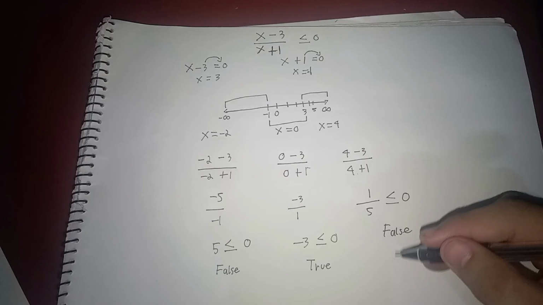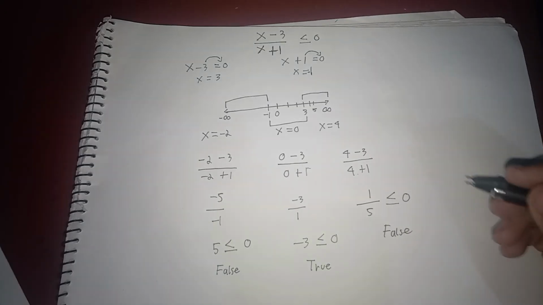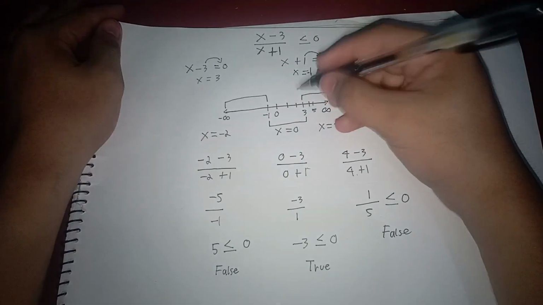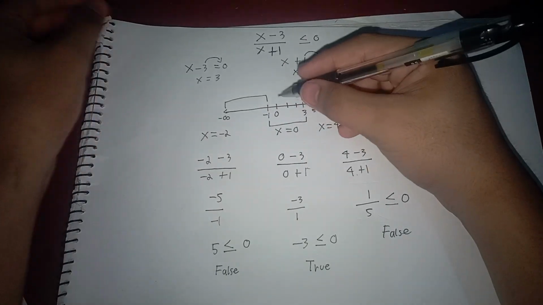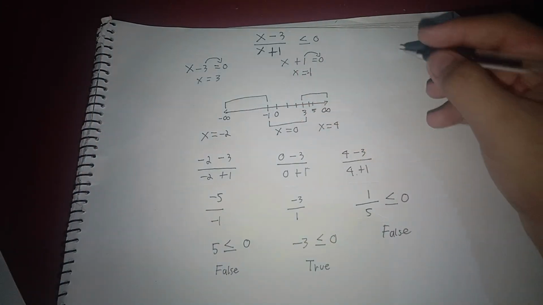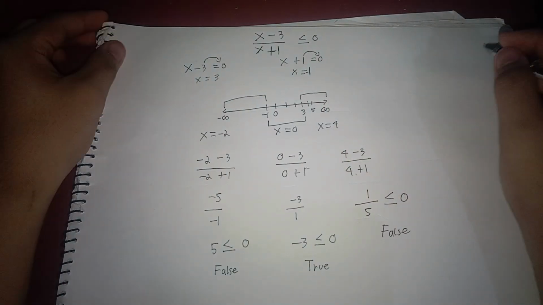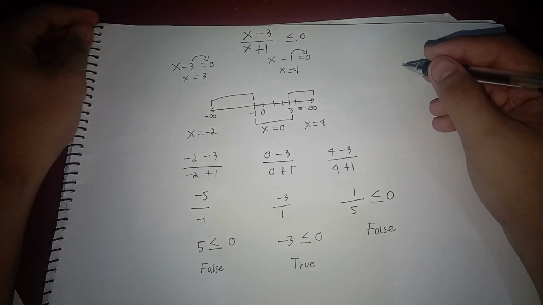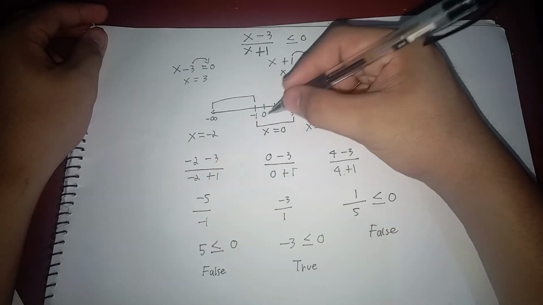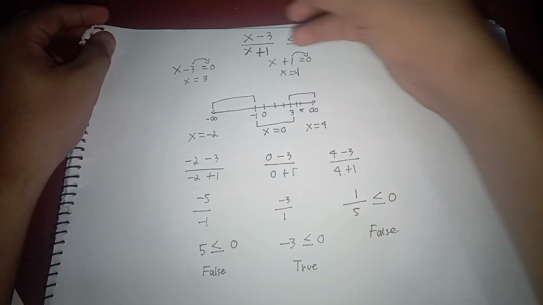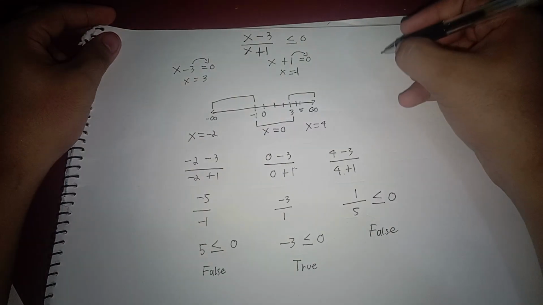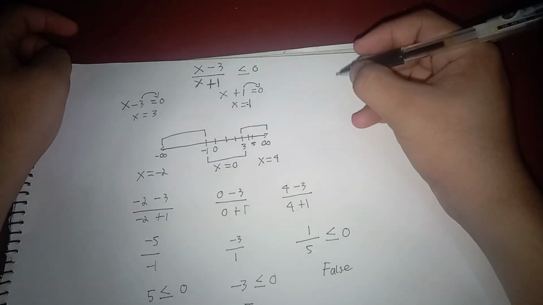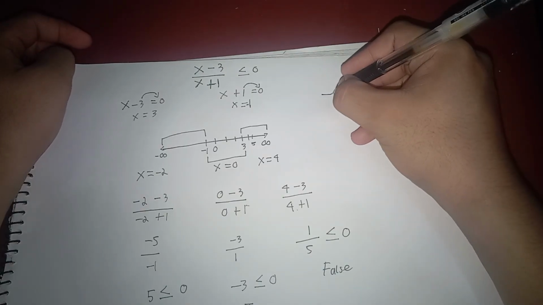We identified that. Now we're gonna see which of these, negative 1 and 3, is included or excluded. The way that we find if it's included or excluded is we take the critical values and just substitute them to the x. Now, just gonna substitute the x.